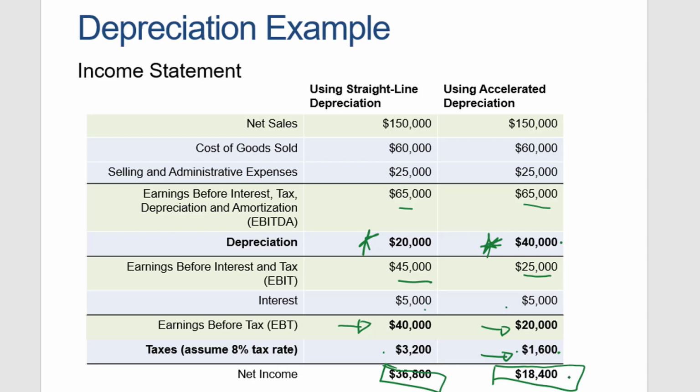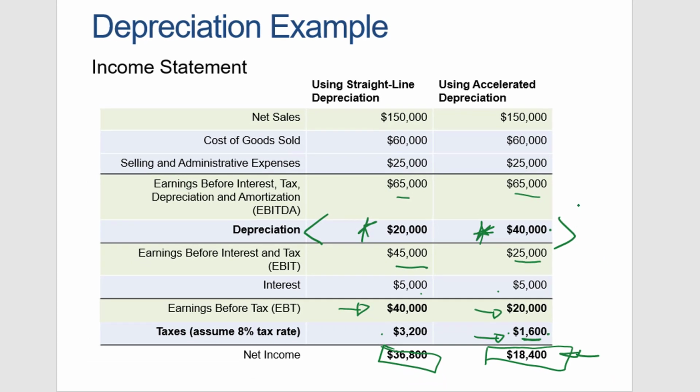And so it doesn't look great if you're an investor because you think the net income is smaller. But really, it was just a handy tool that helped this company pay a smaller amount of taxes, because the big thing here is this is not actually money that left the company, right? So even though we take it and subtract it from our revenues, it didn't go anywhere. So this company still has $40,000.